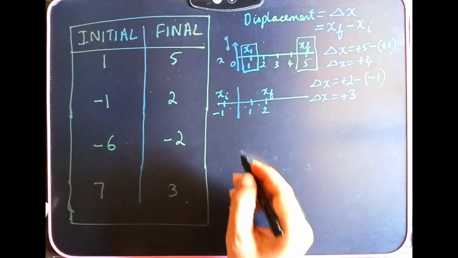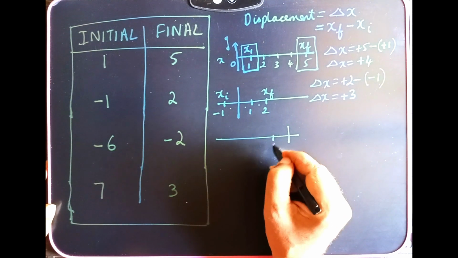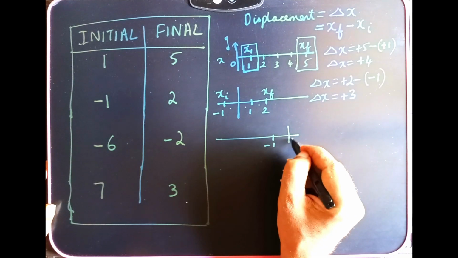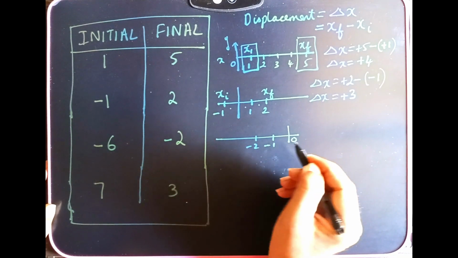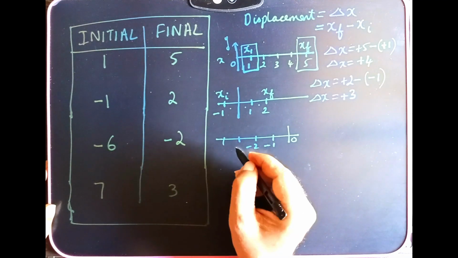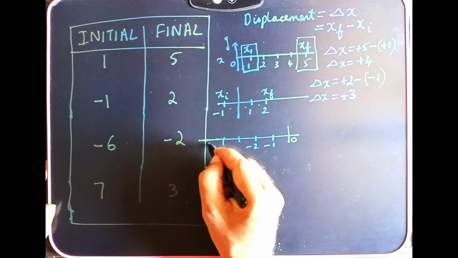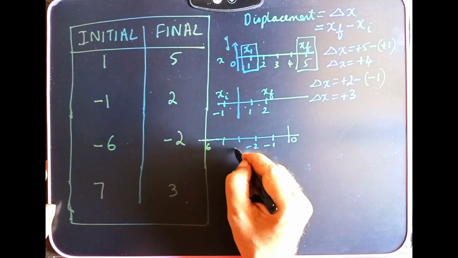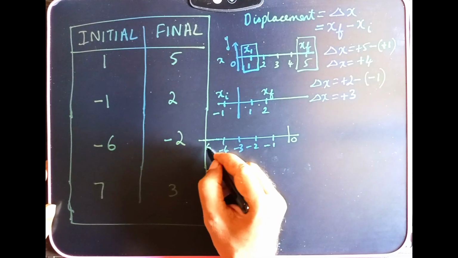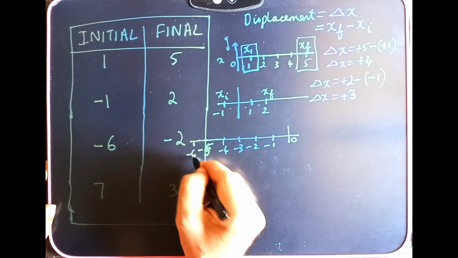Now let us take this example. Here we have minus 1, minus 2, minus 3, 4, and we have 6 here, minus 3, minus 4. So this is minus 5. I'm extending it here, minus 6.